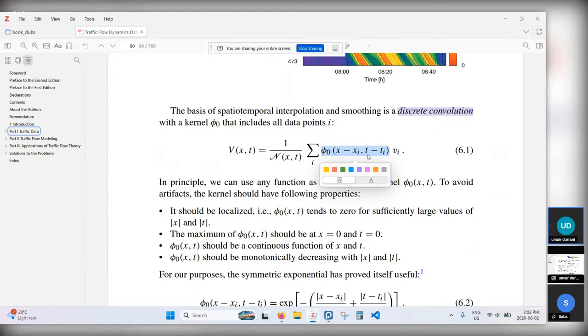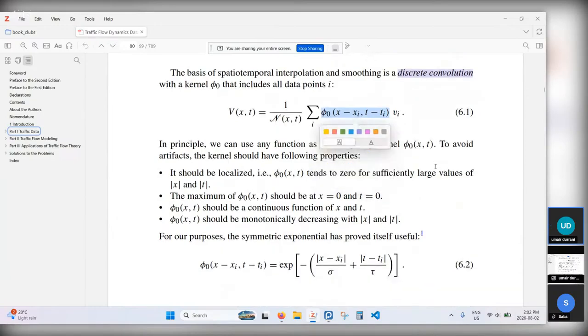At time ti, we have a value of speed for a particular detector, and we want to compare it to the point of interest. We want to know, for example, at 8:30, when there was no detector value available, what the speed was based on data from nearby detectors.